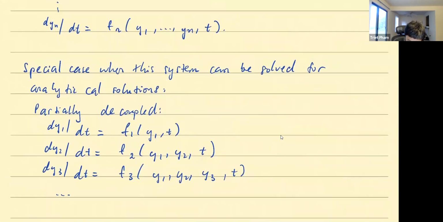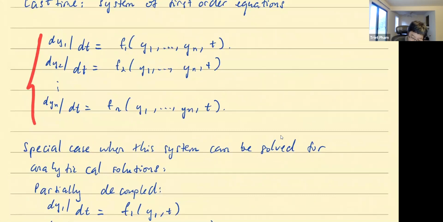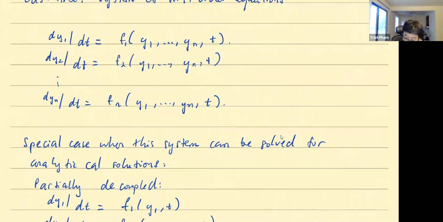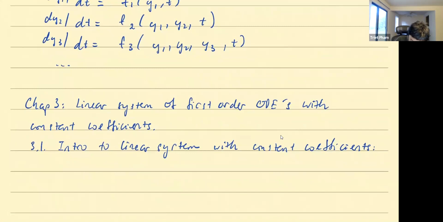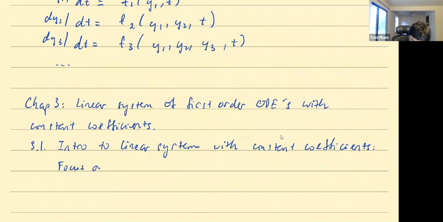When I wrote this, the idea of a system of first order equations doesn't have any limit on how many equations you're posing and how many functions you're solving for. That's why n is the size of the system. In this class, we'll focus on n equals 2. That's what the book does. Now, I don't like n equals 2 only, so I'll say n equals 3 as well.